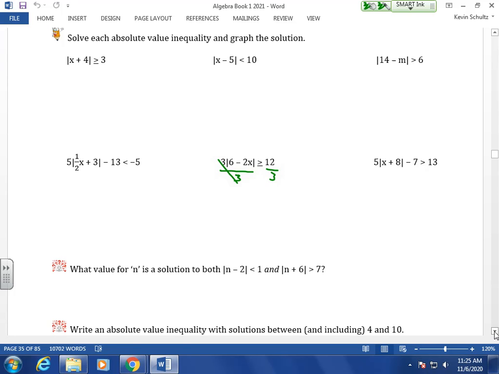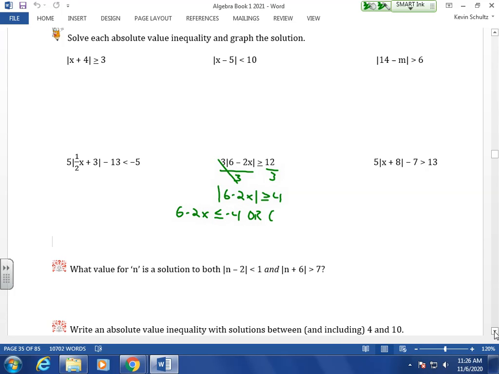cancel that out of there, and we get the absolute value of 6 minus 2x is greater than or equal to 4. What type of statement? Or. We know that what's inside the bars doesn't change, so that 6 minus 2x isn't going to change, and that greater than or equal to 4 is going to be less than or equal to -4.